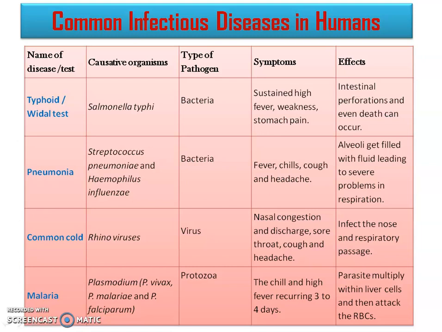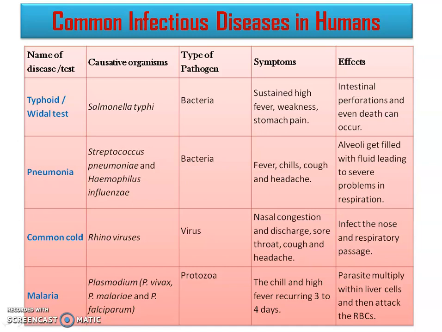Clear? The next is common cold, which is caused by a class of viruses named rhinoviruses. Here, the nasal passage gets blocked and there is constant nasal discharge, sore throat, that is, an infected throat, and cough and headache are also there.